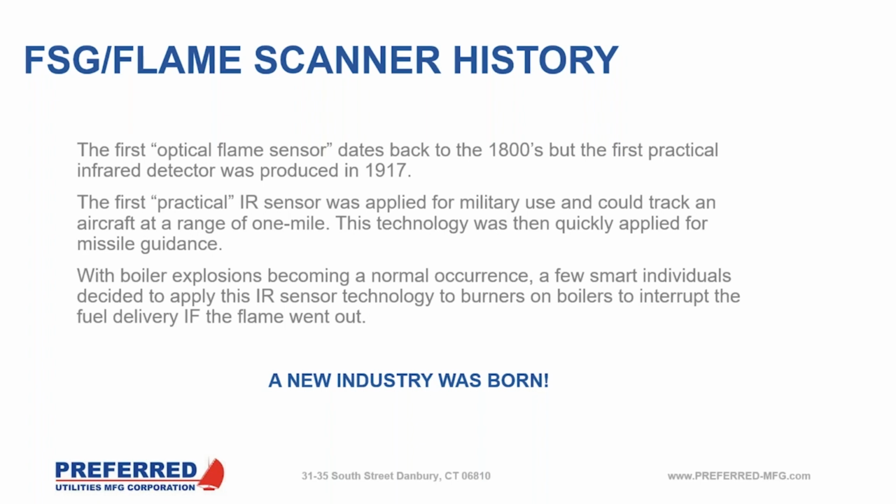So these individuals looked at this technology and decided that they could develop a product around it to see when the flame on a burner was struggling or would go out, and they could interrupt the fuel delivery to the burner and prevent these explosions. So very quickly, a new industry was born.